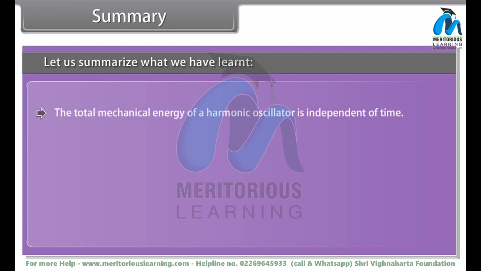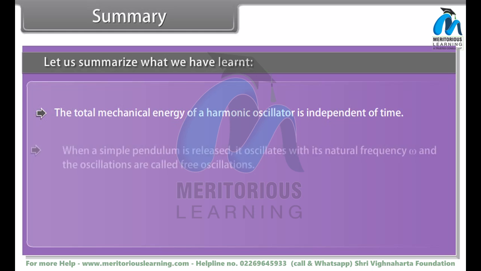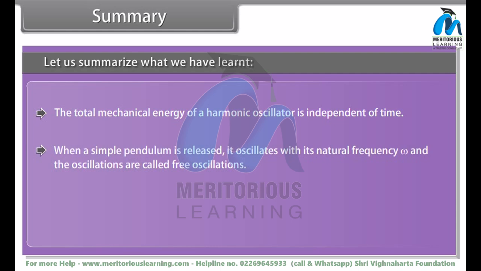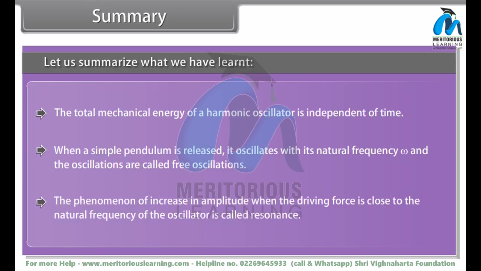The total mechanical energy of a harmonic oscillator is independent of time. When a simple pendulum is released, it oscillates with its natural frequency omega, and the oscillations are called free oscillations. The phenomenon of increase in amplitude when the driving force is close to the natural frequency of the oscillator is called resonance.